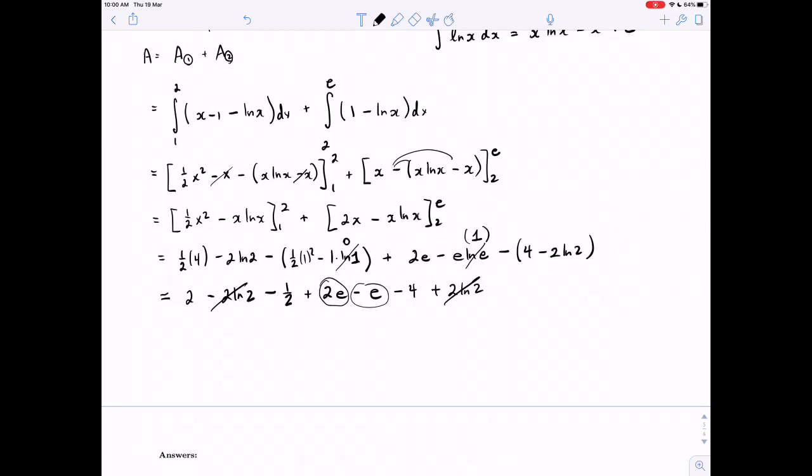So if we go for the e values, 2e minus e is just going to be e. And then 2 minus 1/2 minus 4 are the numerical values that are left. And so 2 minus 4 is minus 2, so minus 2 minus 1/2 is going to be minus 5 over 2. So e minus 5 over 2 units squared is the area of the region.